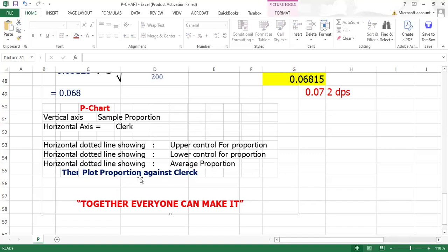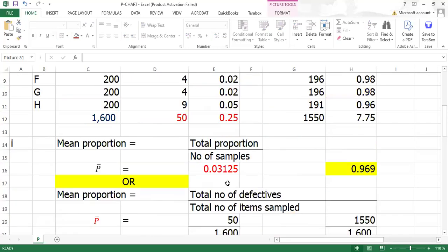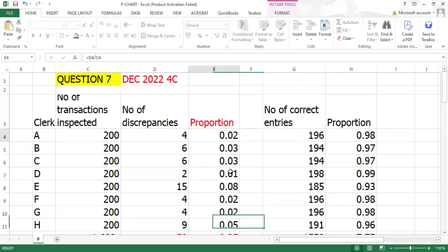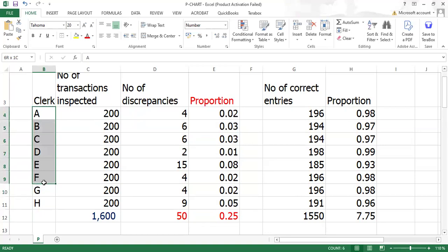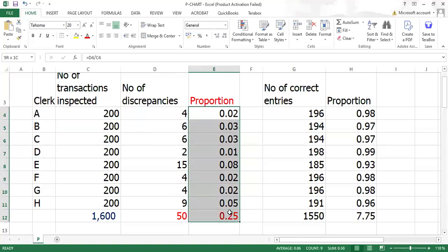So you are plotting the sample proportions against the cracks. Here we are not plotting against period. We are plotting against cracks or the samples. On horizontal, you'll have A, B, C, D up to H. Then on the vertical axis, you come up with a suitable scale.